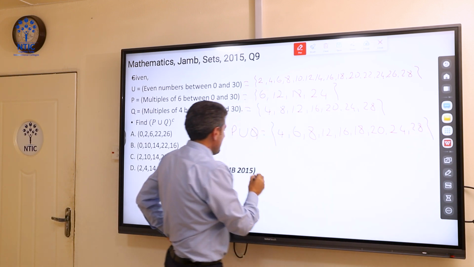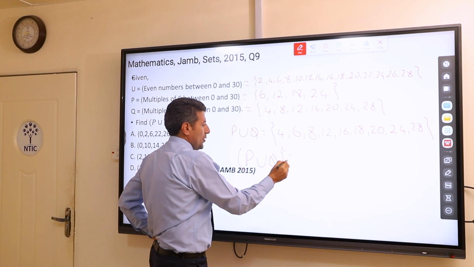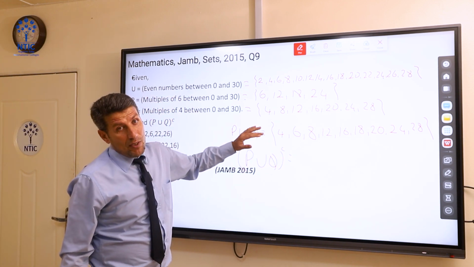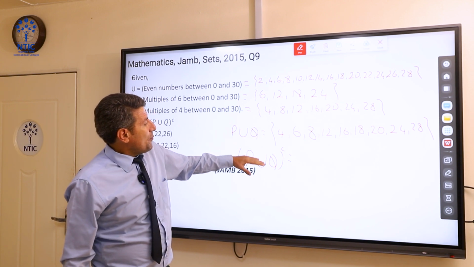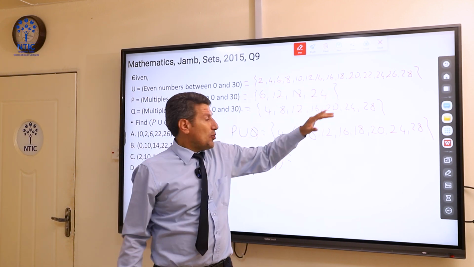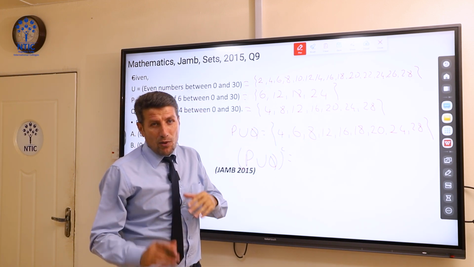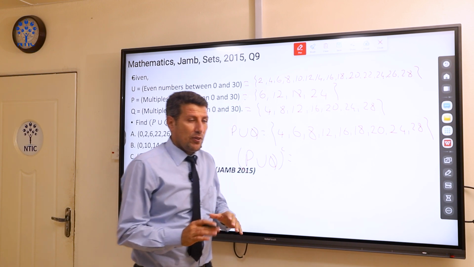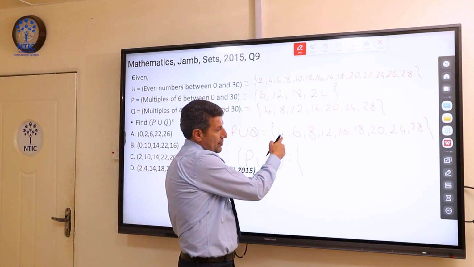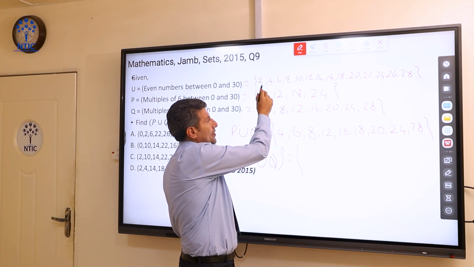Now, what is P union Q complement? If you write the P union Q, it's easy for you to find the complement. Now we are checking the elements that are inside the universe but not inside P union Q. That is the meaning of complement, okay? So we are checking the elements that are not inside this P union Q, but they are inside the universal set.